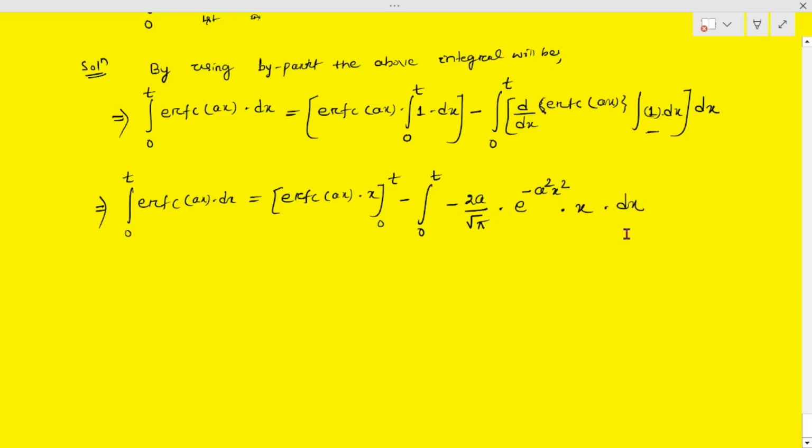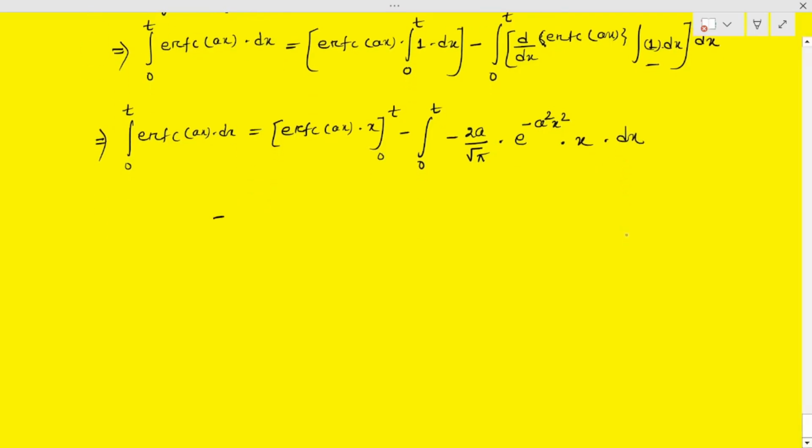So, substituting the upper limit then the lower limit: complementary error function at t minus complementary error function at 0. Here minus 2a by root pi is taken outside of this integration, and the remaining is written as e to the power minus a square x square into x dx.